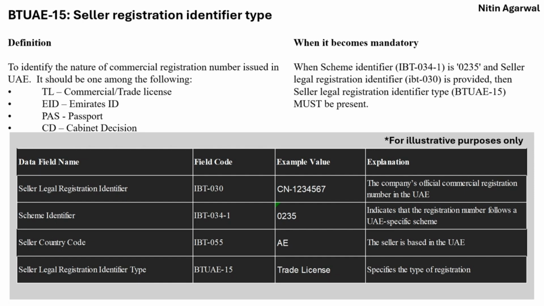In the example here, the seller registration identifier is the commercial registration number CN 1234567 and the scheme identifier is 0235. The seller registration identifier type therefore becomes a mandatory data field in this case and has the value trade license.